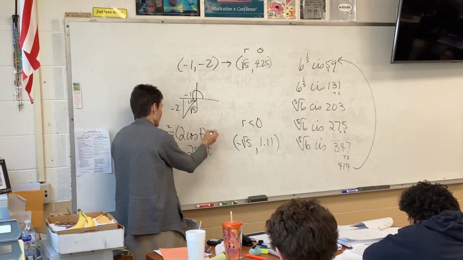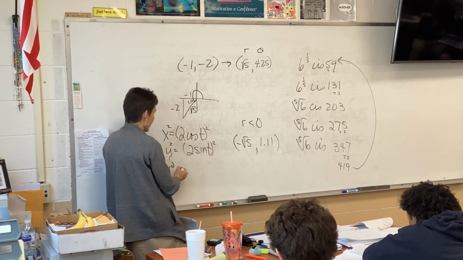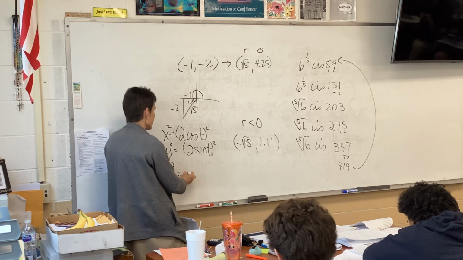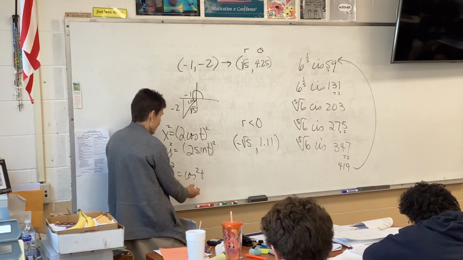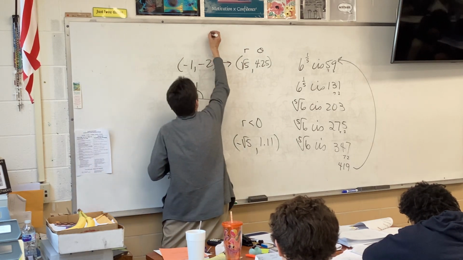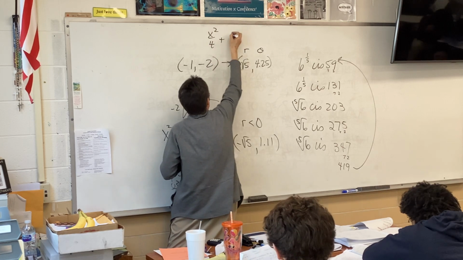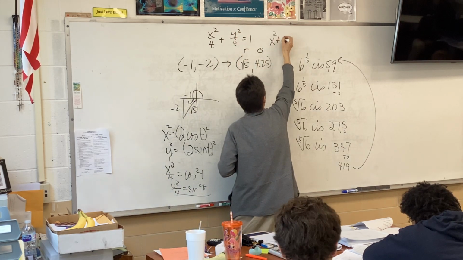So I'm gonna square everything. So I have x squared over 4 equals cosine squared, and y squared over 4 equals sine squared. I add those together, so I get a circle with a radius of 2.